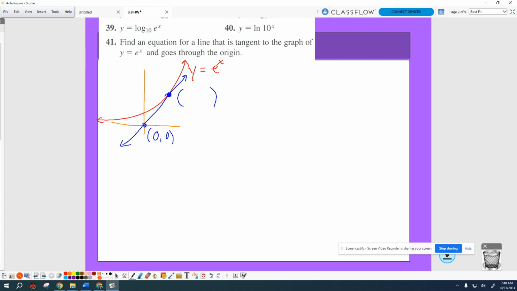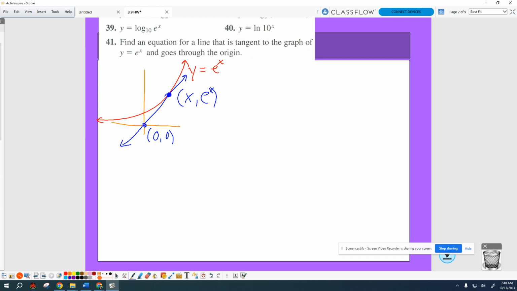As a number, no. But it's some x. And what's the y value going to be? E to the x. Why do we know that? Because it needs to be on the red line as well as the blue line.